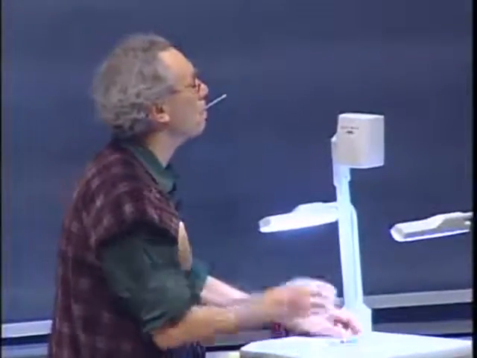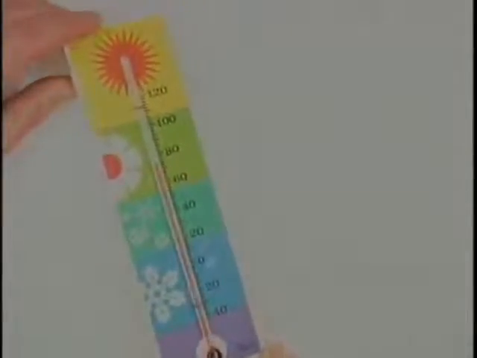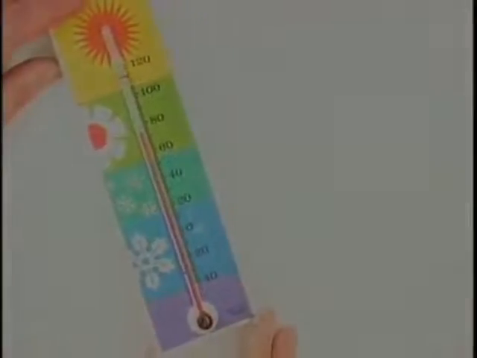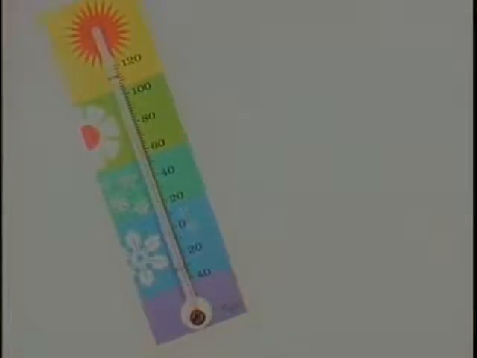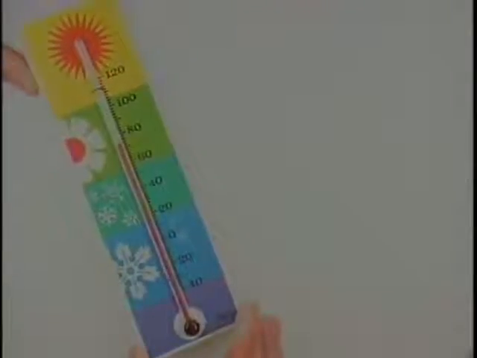So this one. You see the red liquid? Be sure that we have the right light setting. These should go off. Okay. So you see the red liquid. There it is.